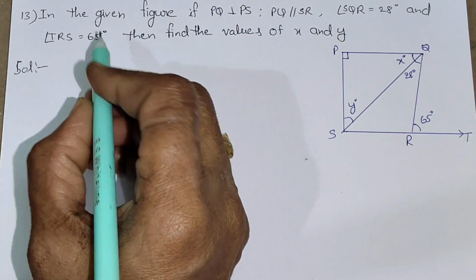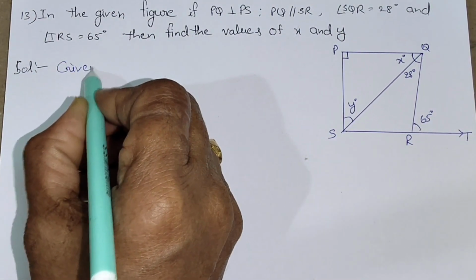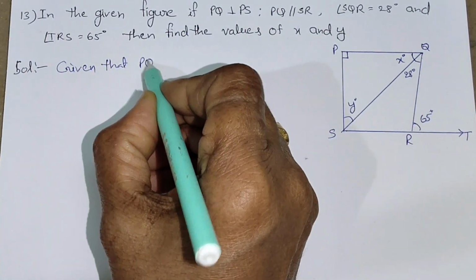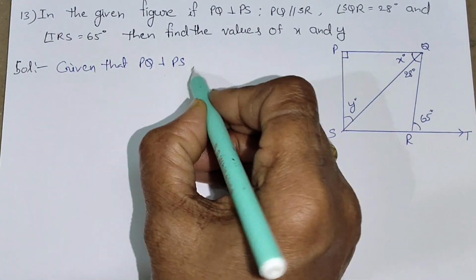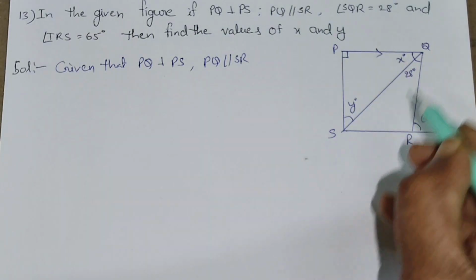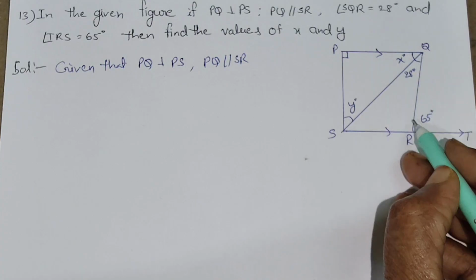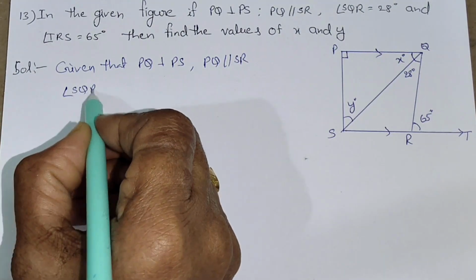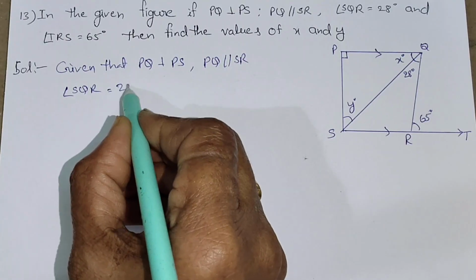So first we write the given data. Given that PQ is perpendicular to PS. Next, PQ is parallel to SR. These two are parallel. Two angles are given: one angle is SQR equals 28 degrees.